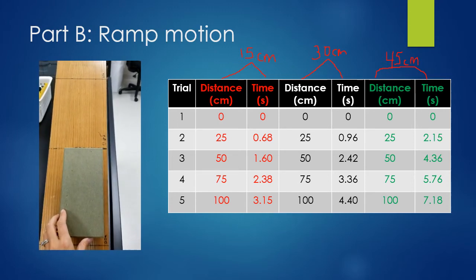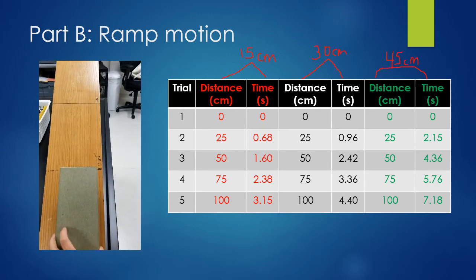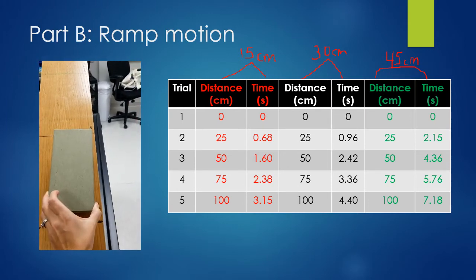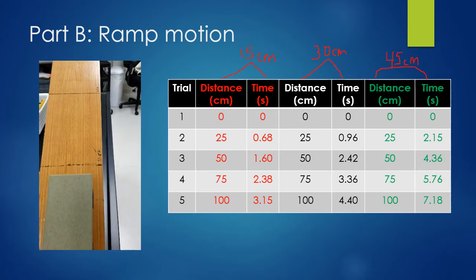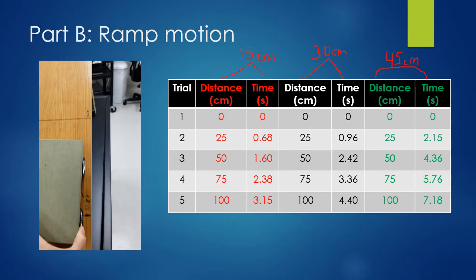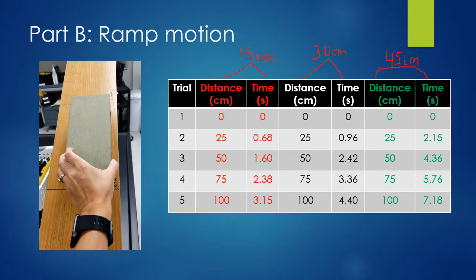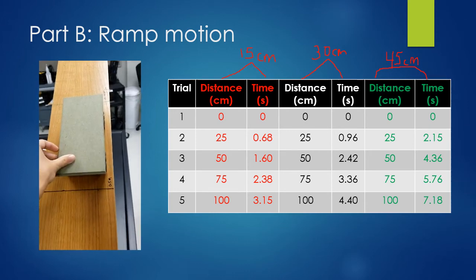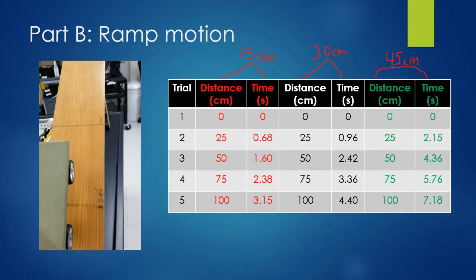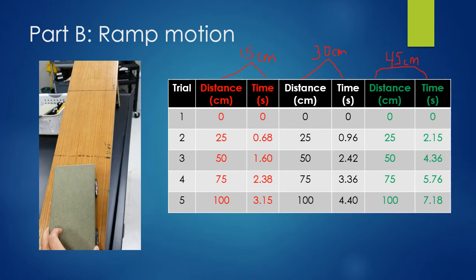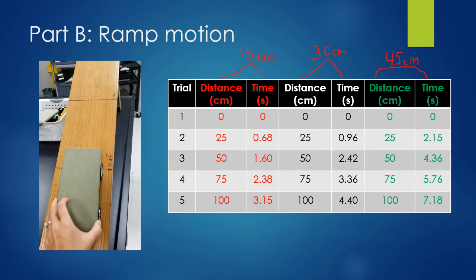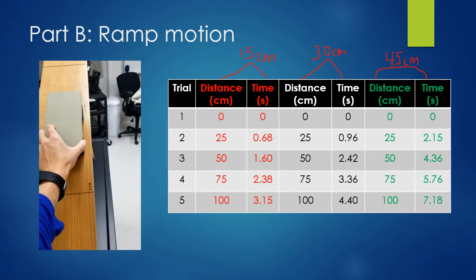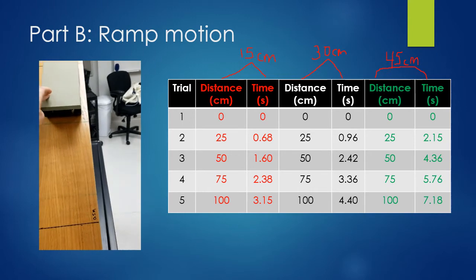Once we let the vehicle go, we start the timer until the back end of the vehicle gets to the 0.25 meter mark. Then we start at the 0 again and let the vehicle go to the 0.5. Get the time for that, go back to starting, and see how long it takes for the vehicle to go 75 centimeters.